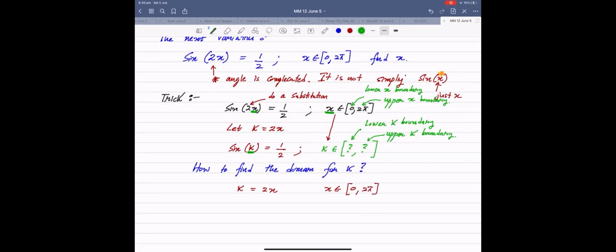If you need to find the k domain, you put the lower boundary into this equation, 0. So 2 times 0 is 0, so k is 0. Then if you need to find the upper boundary of k, put the upper boundary of x here. Then 2 pi into 2 is 4 pi. That's it.